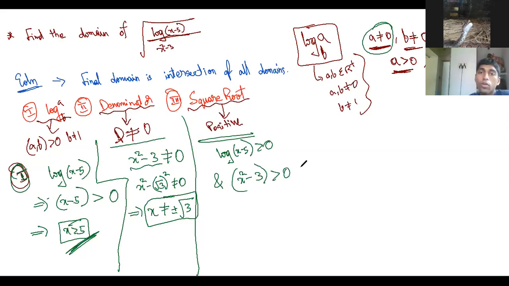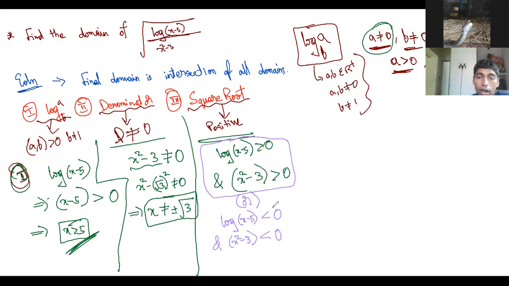This is one case. The other case is that log of x minus 5 can be negative and x square minus 3 can also be negative. Can anyone explain why this case is also true?